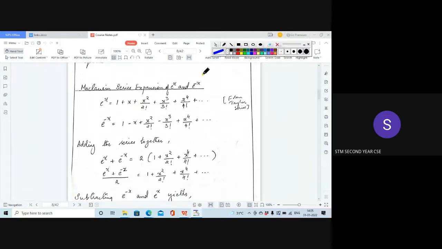So your ordinary generating function is a0 plus a1x plus a2x square plus etc. Here we have the exponential generating function e raised to x is equal to 1 plus x plus x square by 2 factorial.